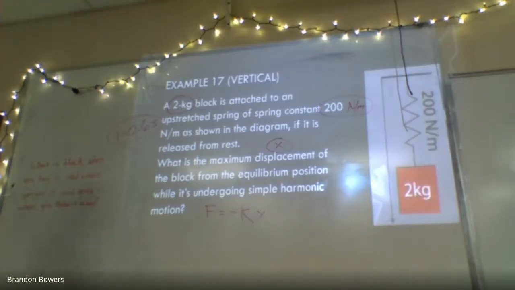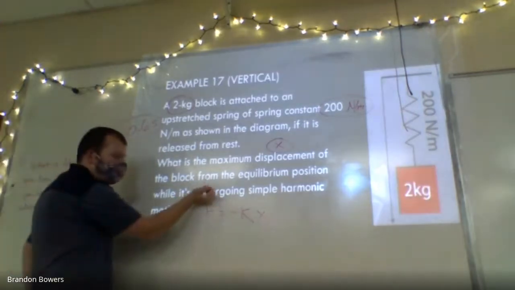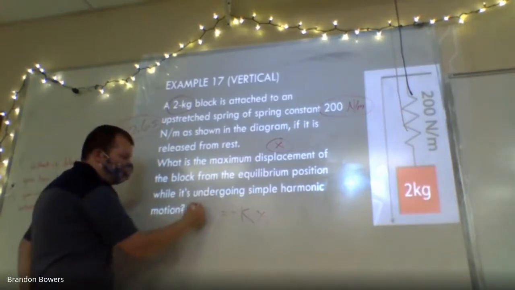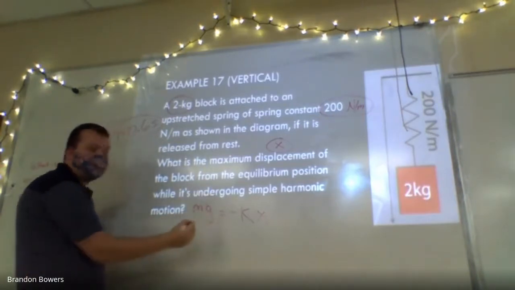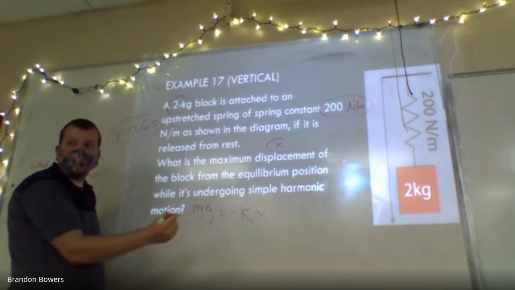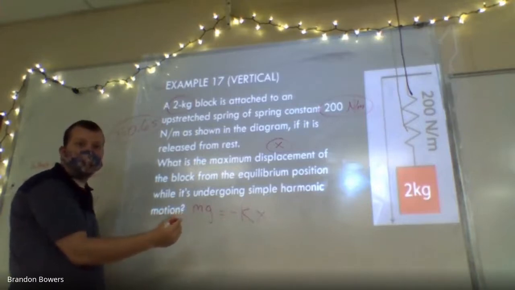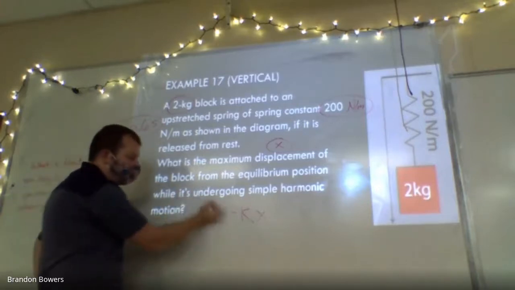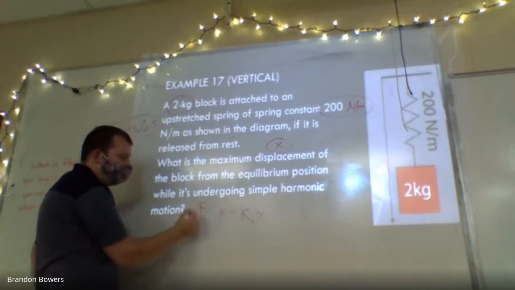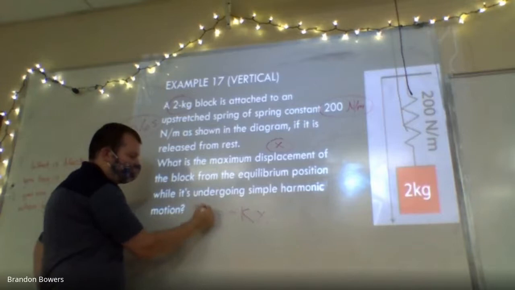So instead of force, I can have mass times gravity. That's the key there. So force of spring is equal to force of gravity, and gravity is mass times gravity.